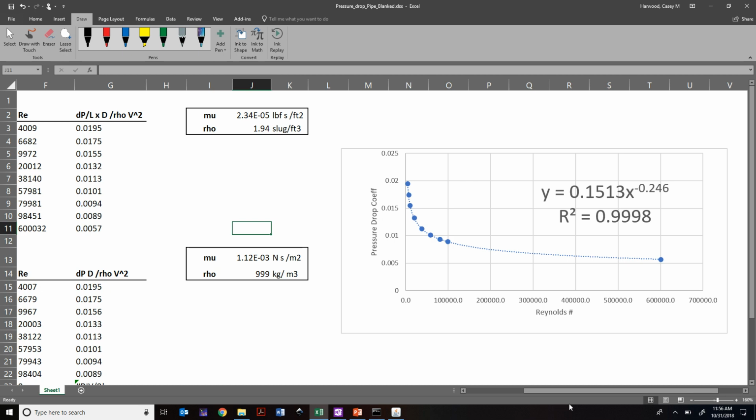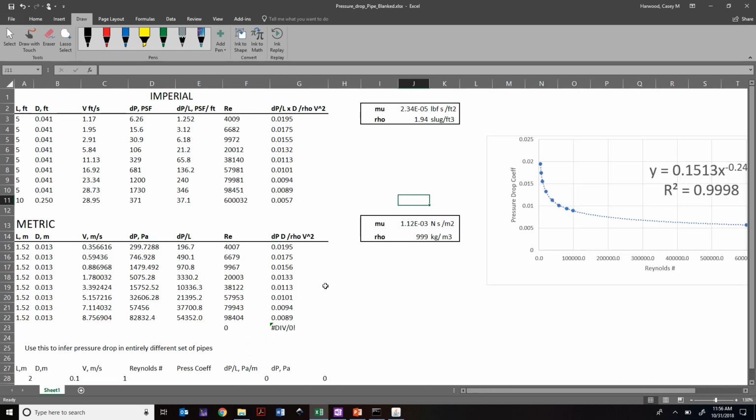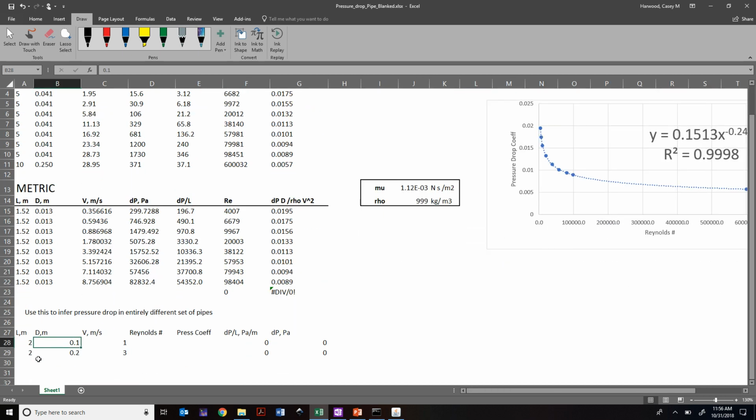Next up, we take the conditions that we're interested in investigating. So we've got our 2 meter long pipes, 10 centimeters or 20 centimeters in diameter, with velocities of 1 and 3 meters per second. What we need to do is calculate the independent pi term, look up the value on the curve, get our dependent pi term out of it, and then redimensionalize that into pressure drop.